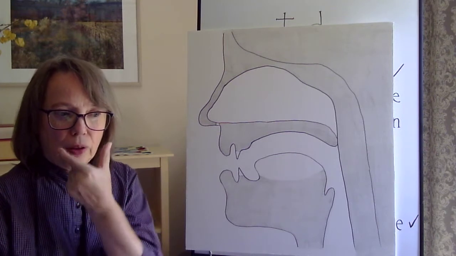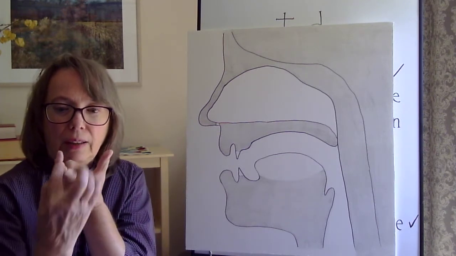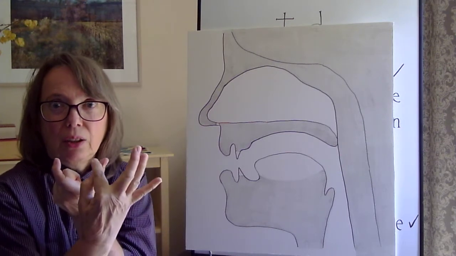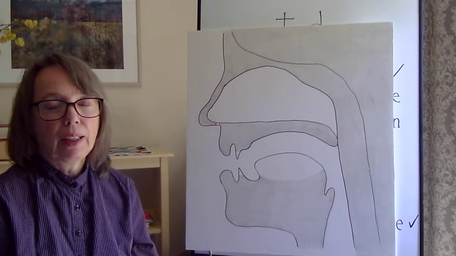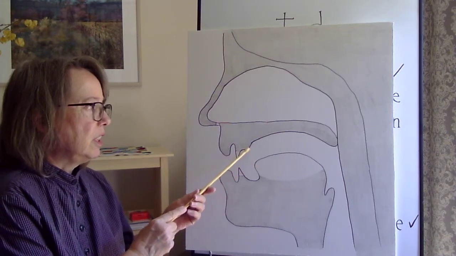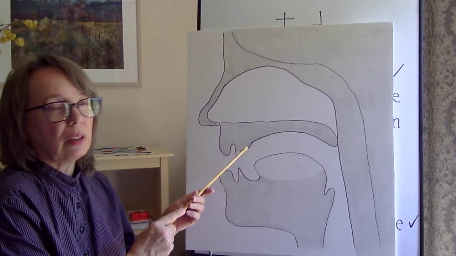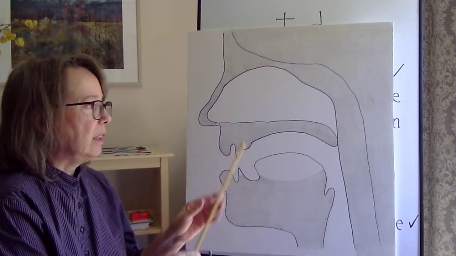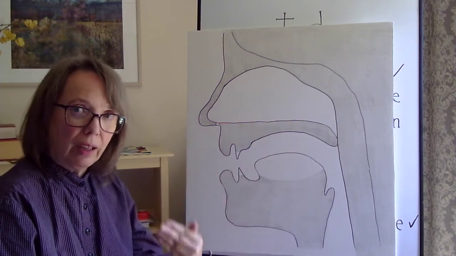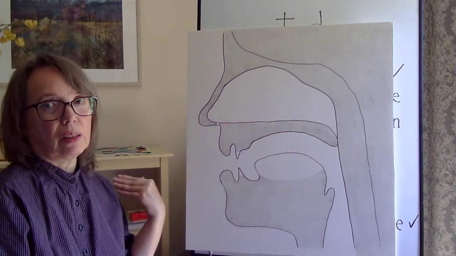So if your teeth are like this, the alveolar ridge goes around behind your teeth. And in a T and D, the tongue comes up, touches the alveolar ridge, and stops air. Then the air is released.